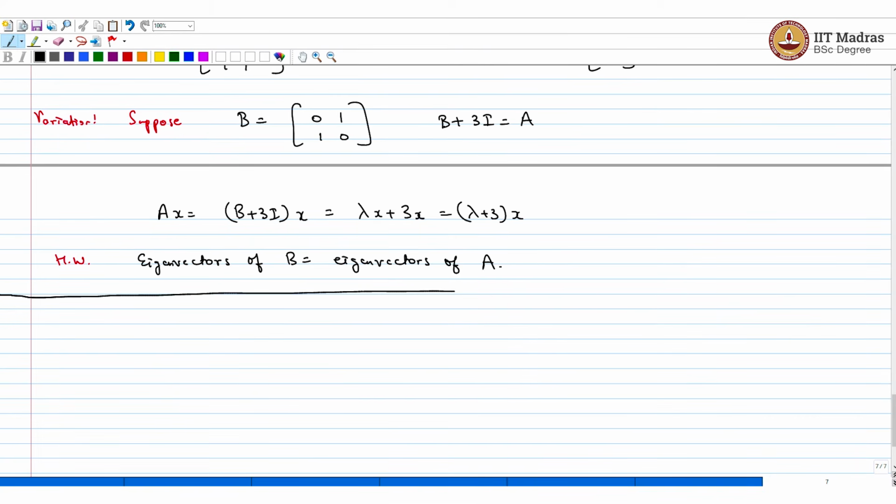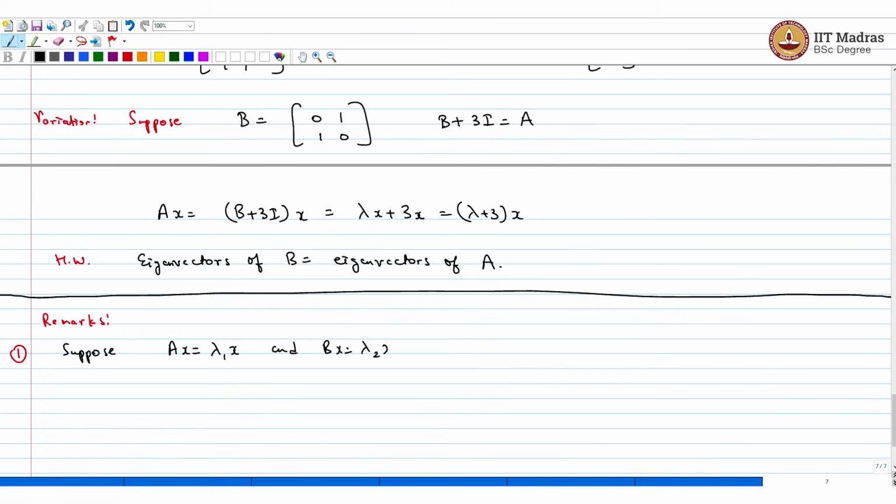So, I'll end with a few remarks. One has to be careful while making these arguments. Suppose I have two matrices, and suppose Ax equals lambda 1 times x and Bx equals lambda 2 times x.